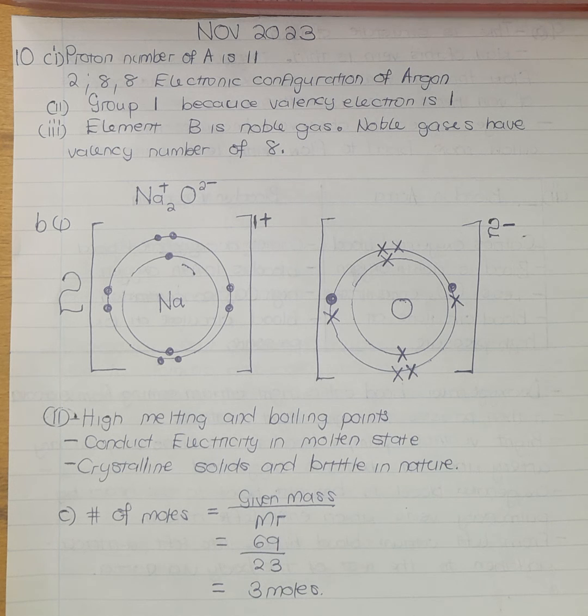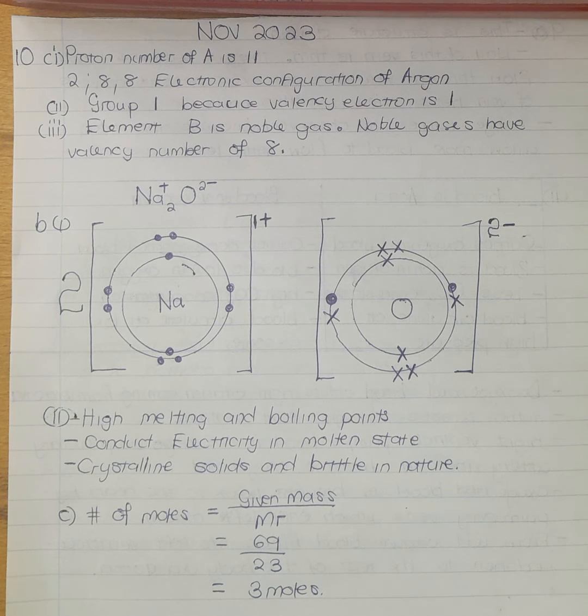Electrons are going to be transferred from sodium to oxygen. Oxygen is in group 6 of the periodic table. It requires 2 electrons for it to gain octet configuration. So we are going to have 2 sodium ions donating 2 electrons to oxygen in order to get sodium oxide.